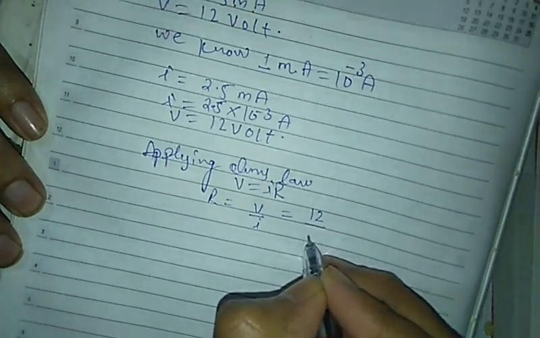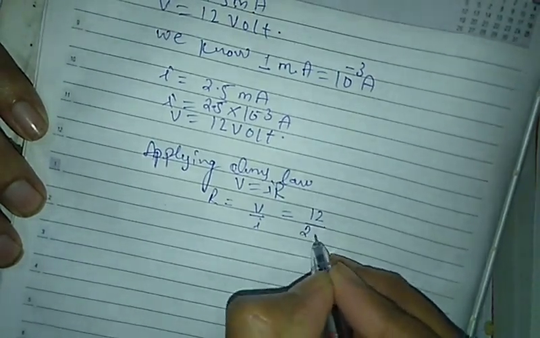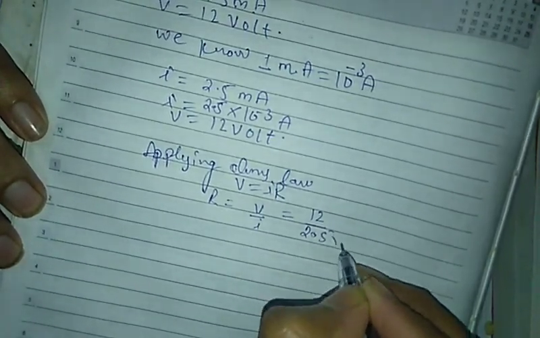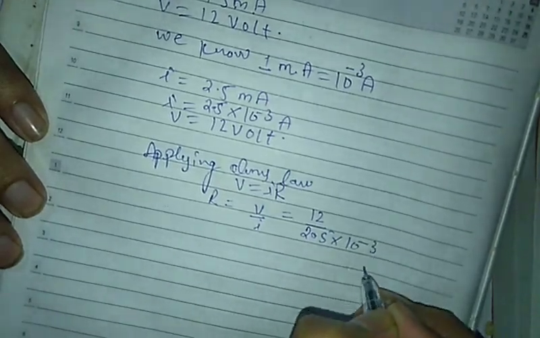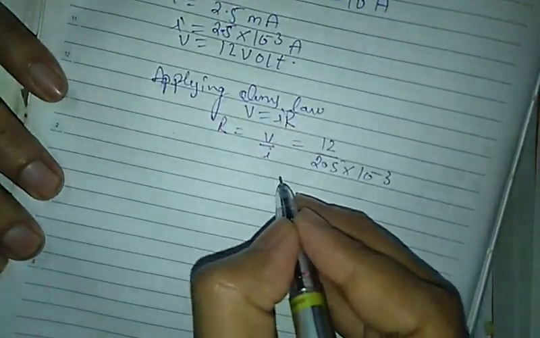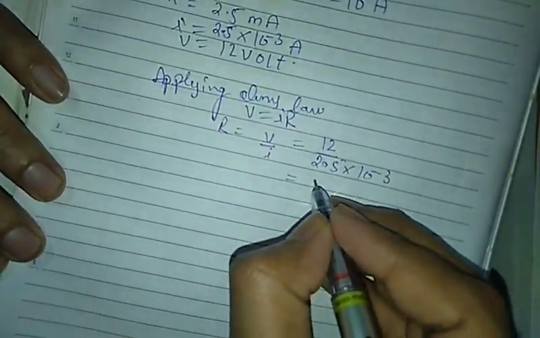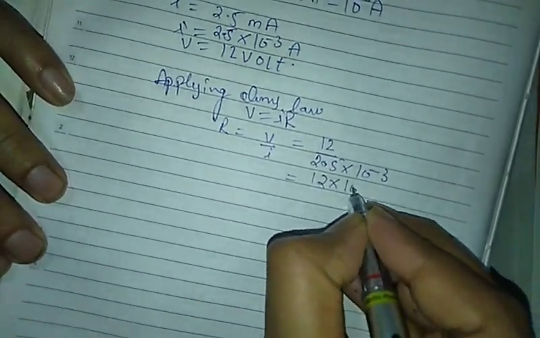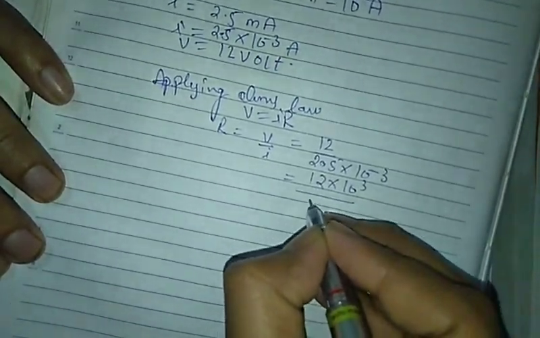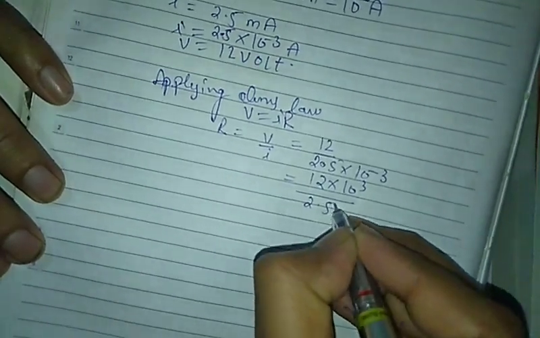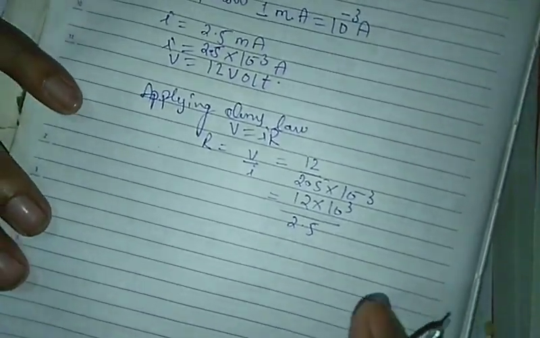V is 12 and I is 2.5 into 10 power minus 3. This 10 power minus 3 will go to the numerator, and 10 power 3 will become positive. After that 2.5.